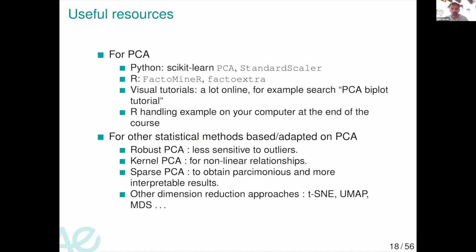You could also have sparse PCA with parsimonious results, with some weights that will be exactly equal to 0, and the results will be more easily interpretable.